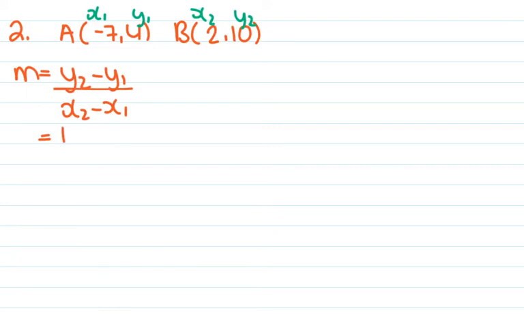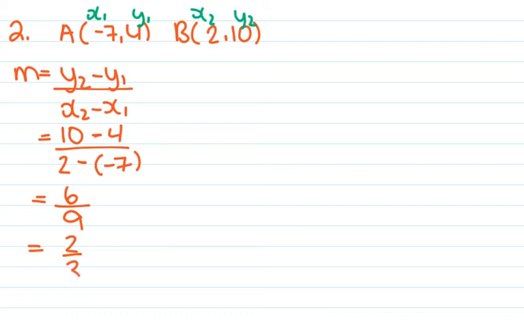So y2 is 10 minus y1, which is 4, divided by x2 minus x1, which is negative 7, equals 10 minus 4 is 6. 2 minus negative 7 is like 2 plus 7, which is 9. And 6/9 can be reduced to 2/3.